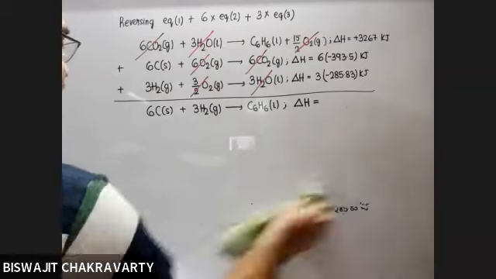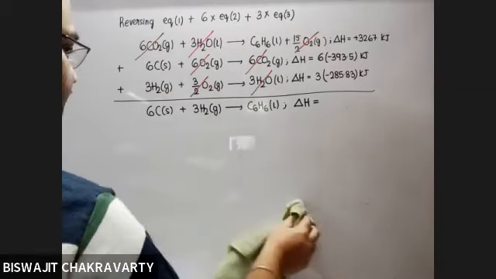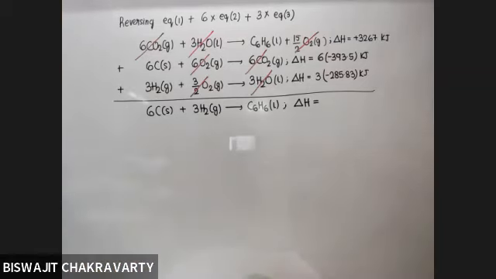So accordingly, the respective delta H also needs to be added up after making changes. So do the calculation and tell me how much is the delta H coming out. Sir, I got 50.51.